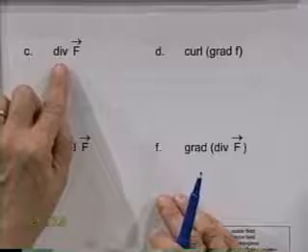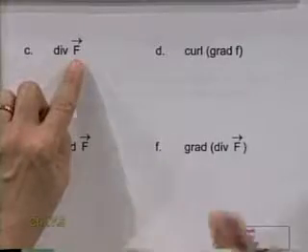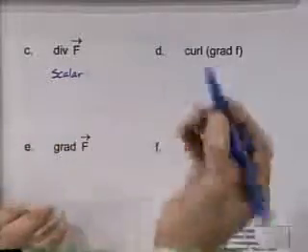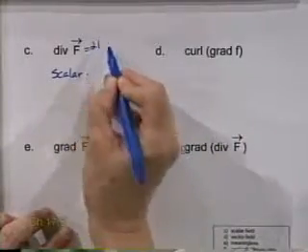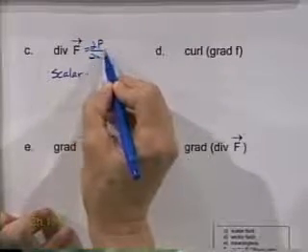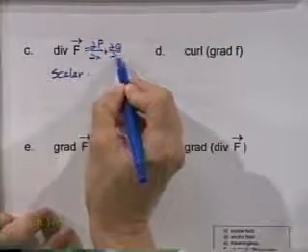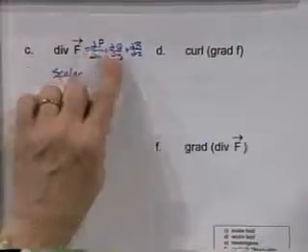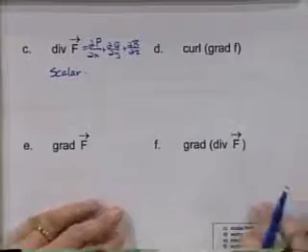When you take the divergence of a vector valued function, what do you get? Scalar. Because this is equal to partial of the x component with respect to x plus the partial of the y component with respect to y plus the partial of the z component with respect to z. You add them up, you're just getting one term. You're not getting anything with i's and j's.